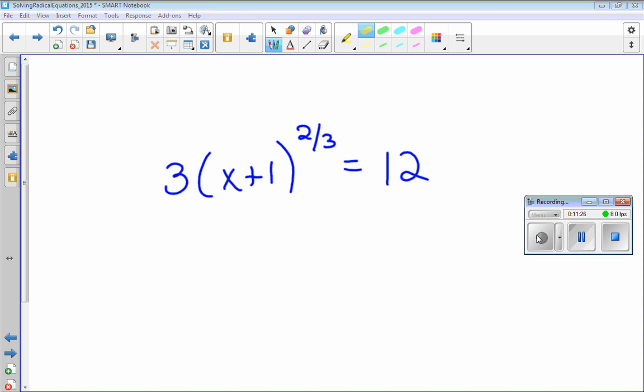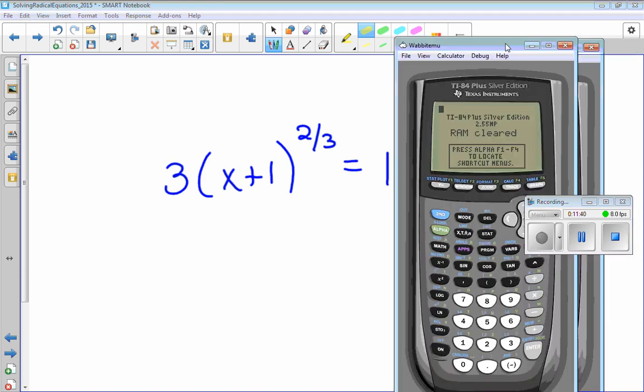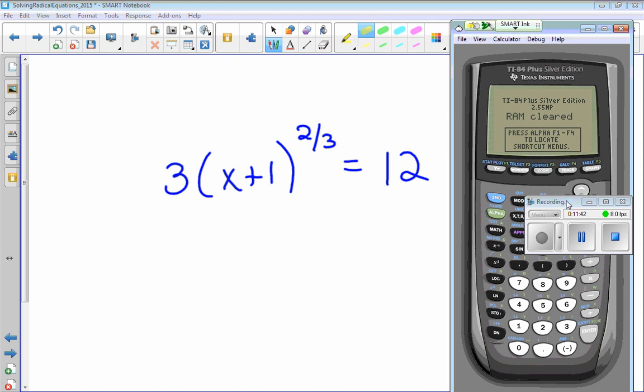When you graph this, you might want to start with the graph so you know how many answers you're supposed to get. That's a good idea. So let me pull up my calculator and plug it in so we know how many solutions we should have.